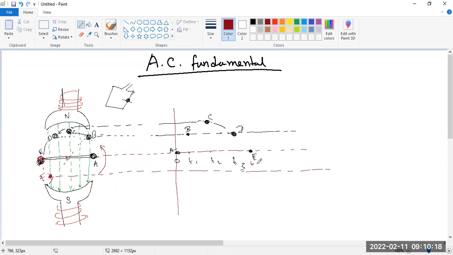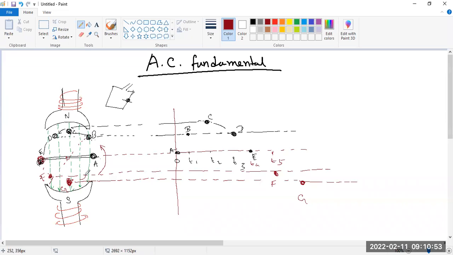After time T4, this is T5, and here is the F position. Again it is coming, and this is the G position. EMF is induced over here.